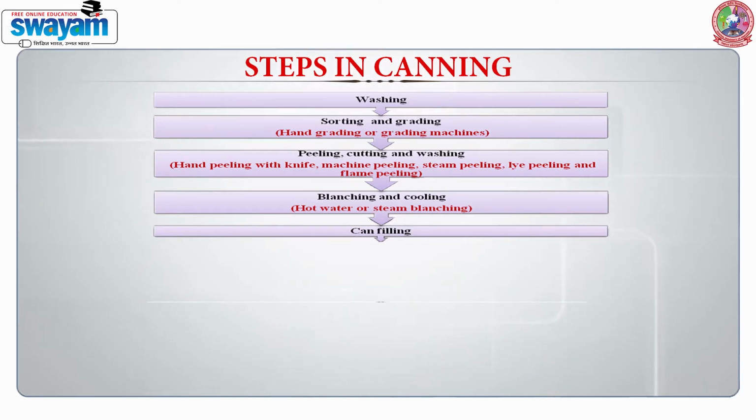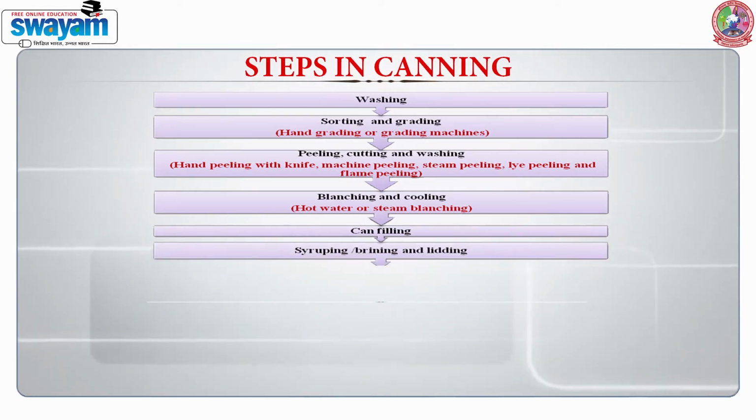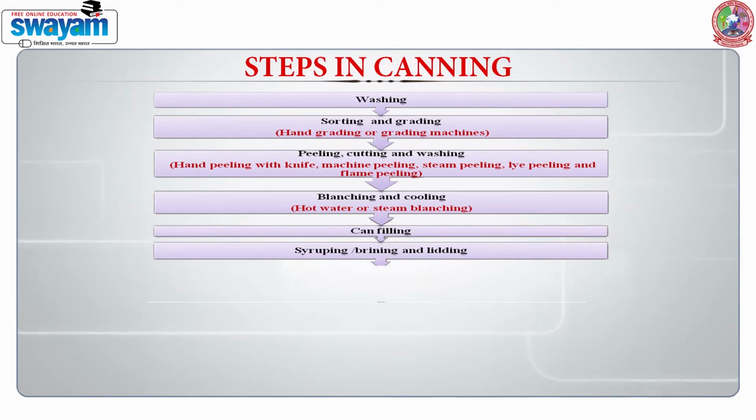After filling in the cans, the material is immersed in a syrup or brine and then it is closed by putting the lids on.